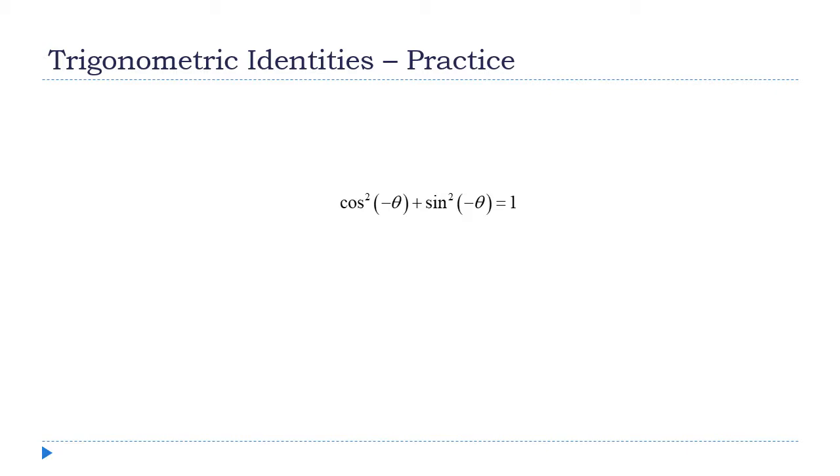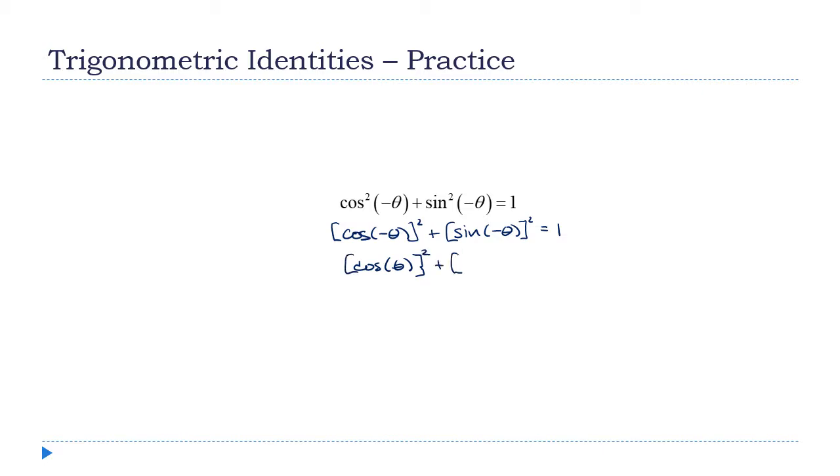All right, first, I'm going to rewrite these just a little bit so you really see what's going on with the exponents. This is cosine of negative theta, squared, plus sine of negative theta, squared, equals 1. Well, the cosine of negative theta is just the cosine of theta, still squared.